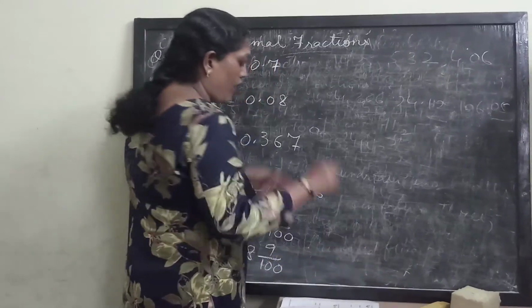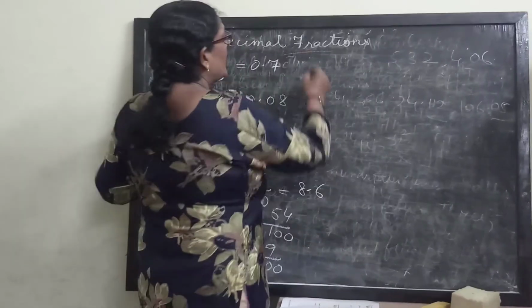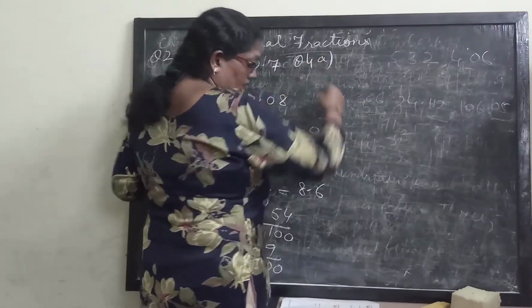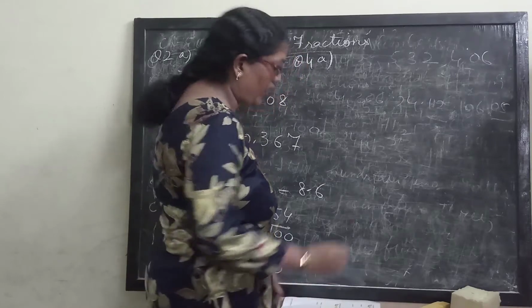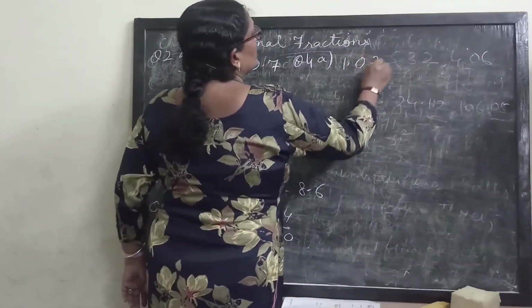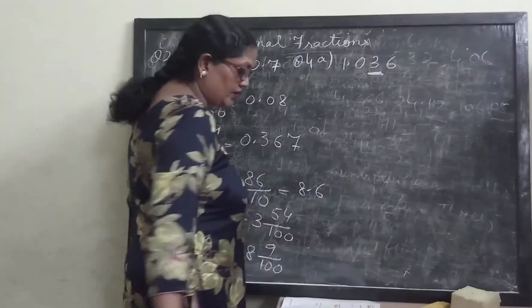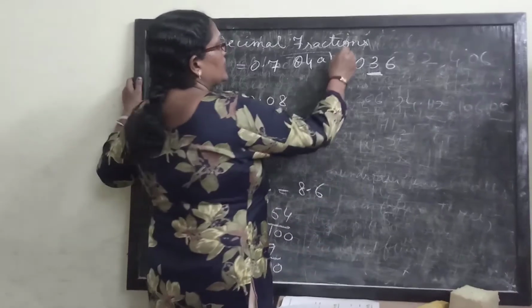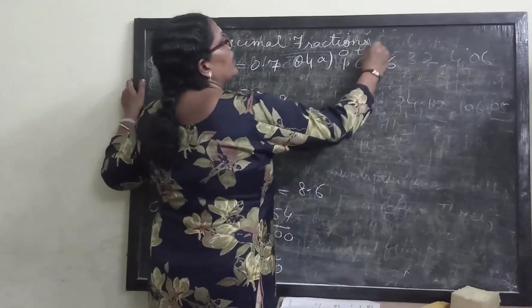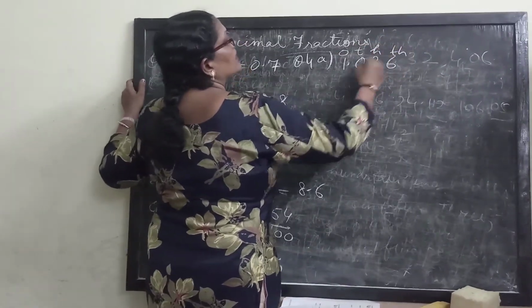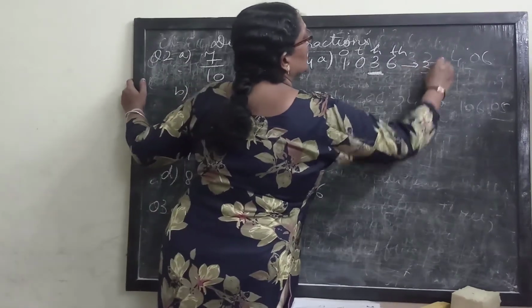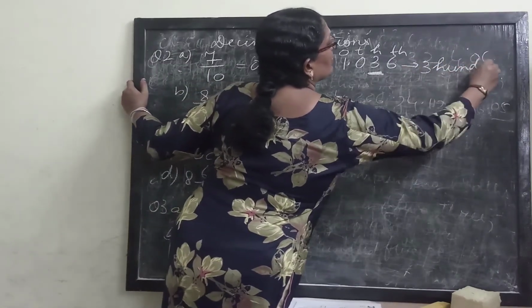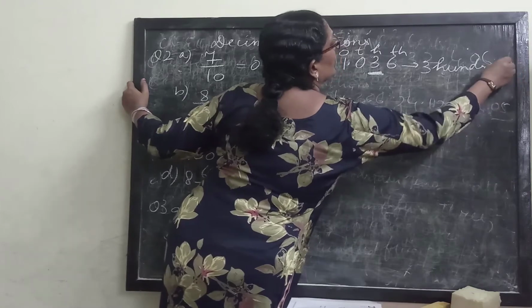Now the next question: write the place value of the underlined digits. First is 1.036. We have to underline the digit 3. First you write ones, 10, 100, 1000. This will become 300. What will you write? 300.